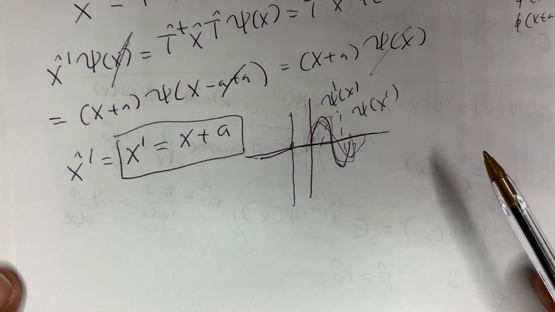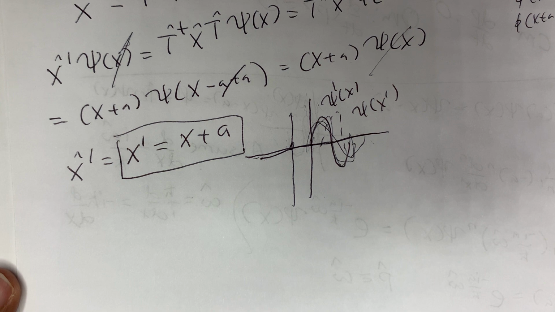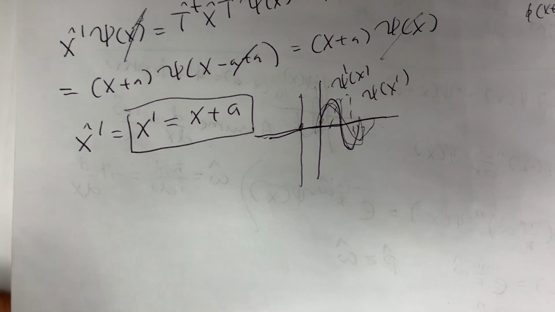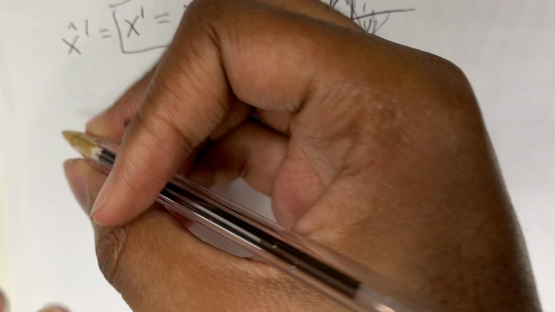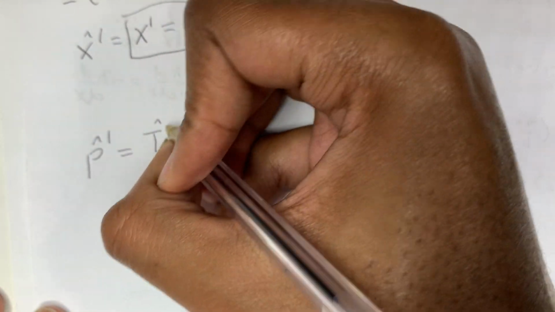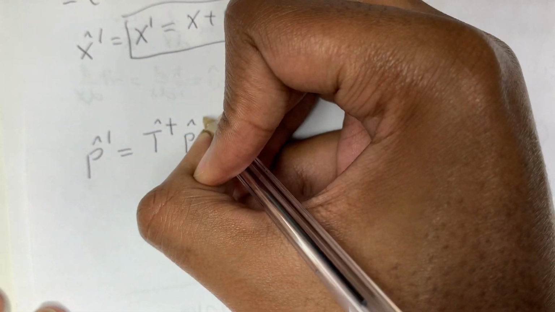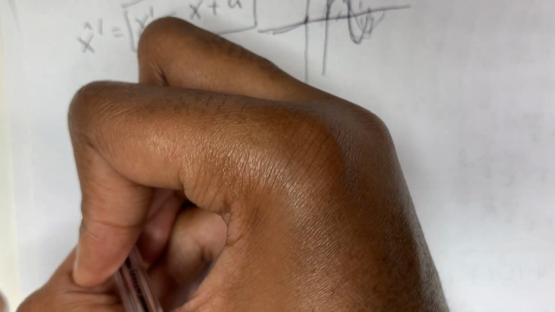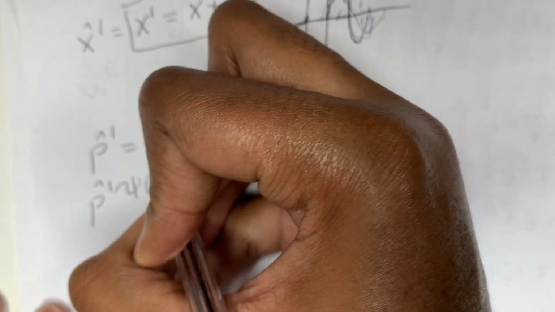So what does it mean to translate the momentum operator? We just do the exact same thing, the same old thing. So we have the operator p prime, that's just t hat dagger p hat t hat. We can then put in a test function psi of x.